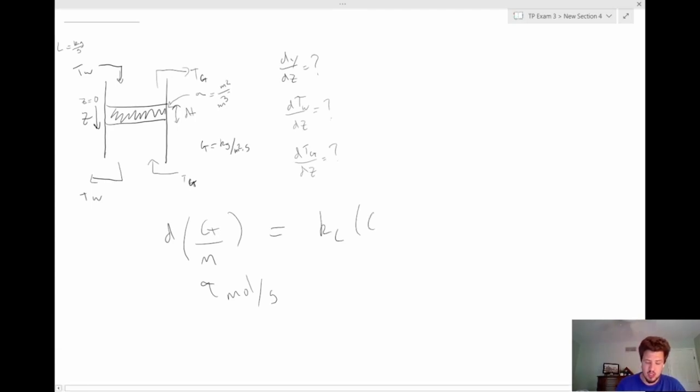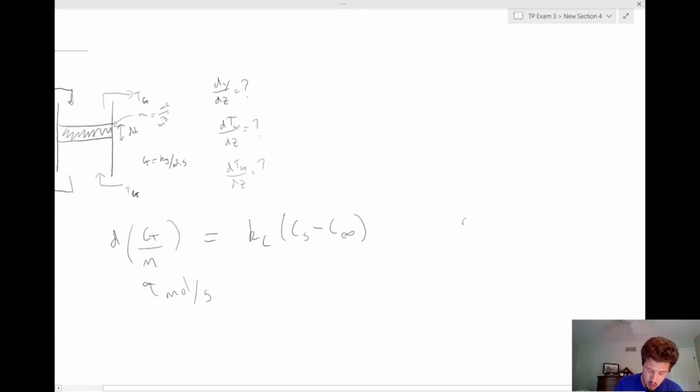So we have the concentration of the gas at the surface, the gas away from the surface, and we need to account for the specific area because this is going through a packing material. So we have the specific area times the specific volume.